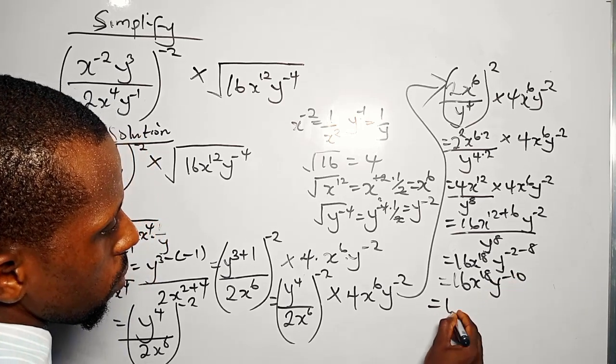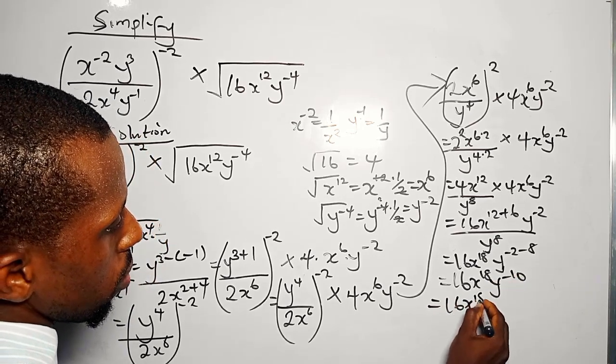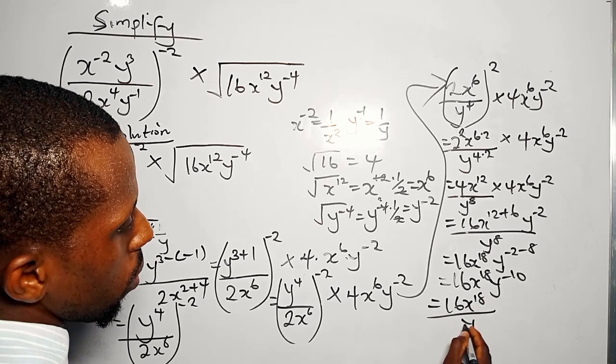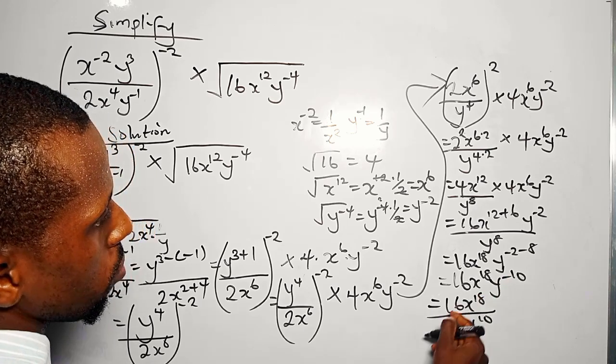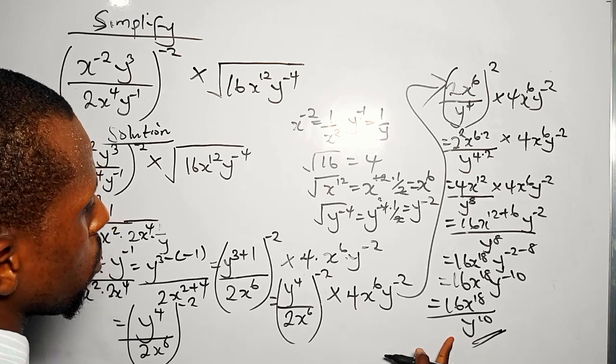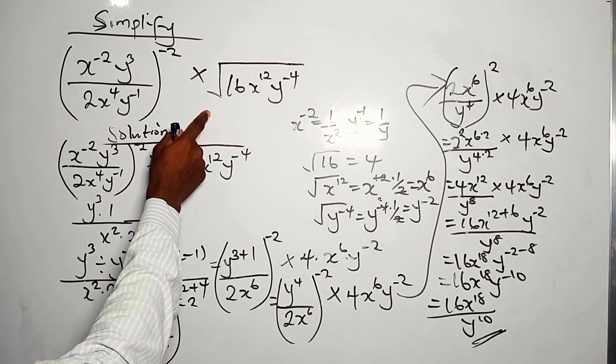So we can write this as 16x^18 divided by y^10 as a result of the bar. This is the result when we simplify this expression.